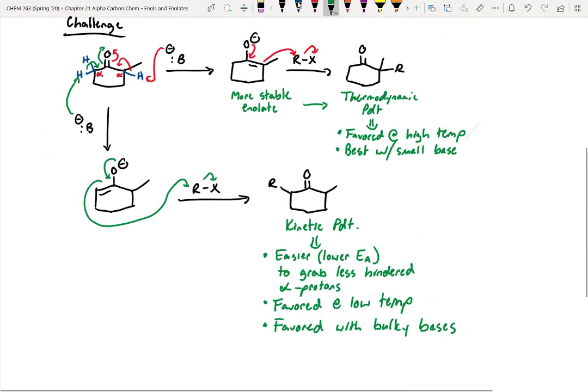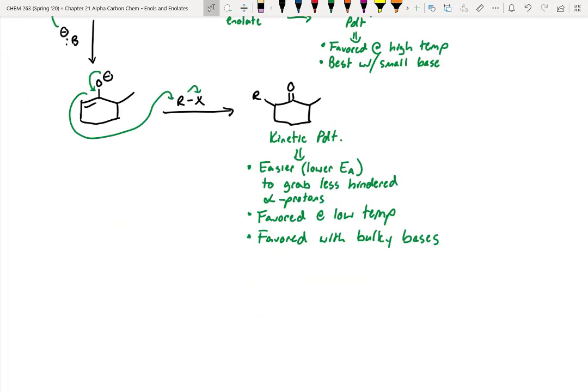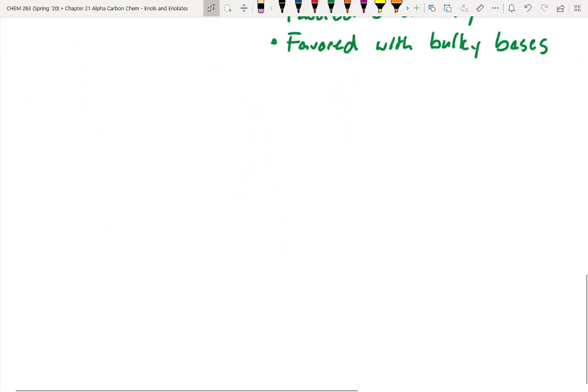All right, so a lot of this is kind of theoretical, right? We've just been using the generic terms bulky base, non-bulky base, things like that. So let's take a look at the actual reagents that we would use. Let's give an example down here.